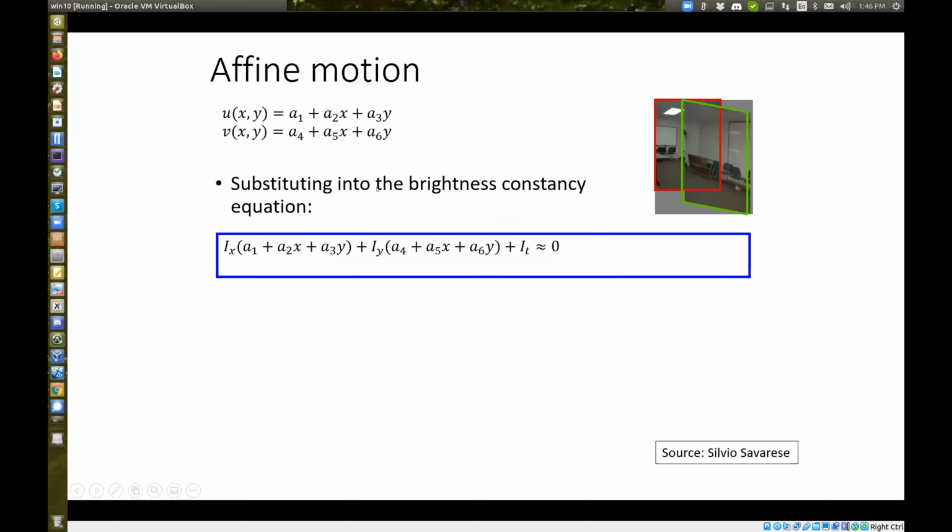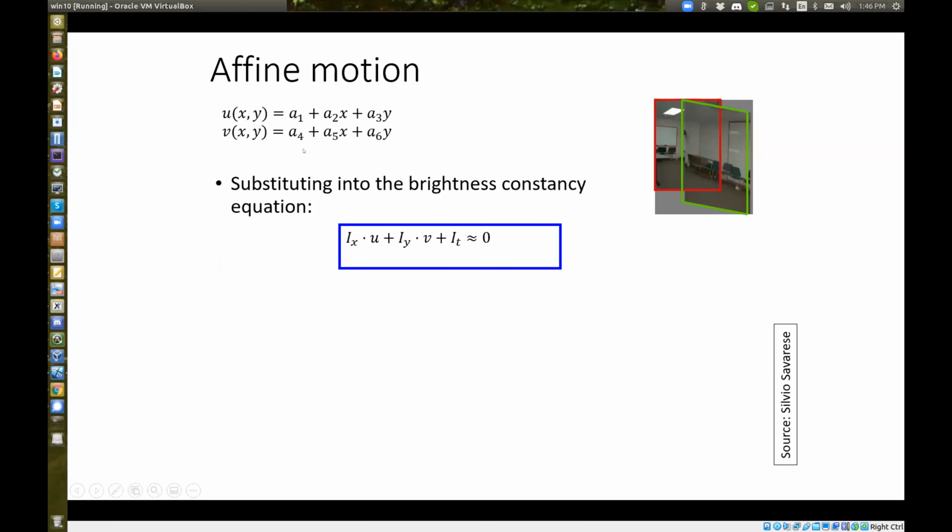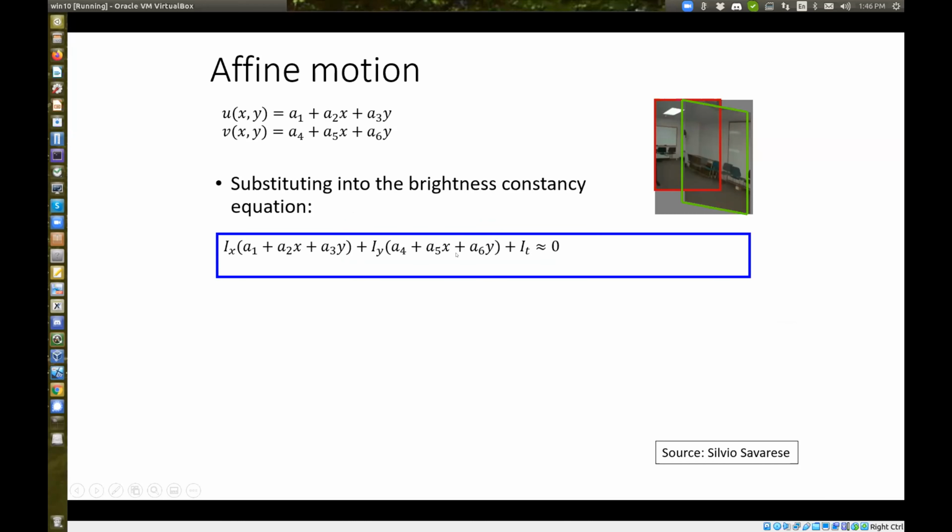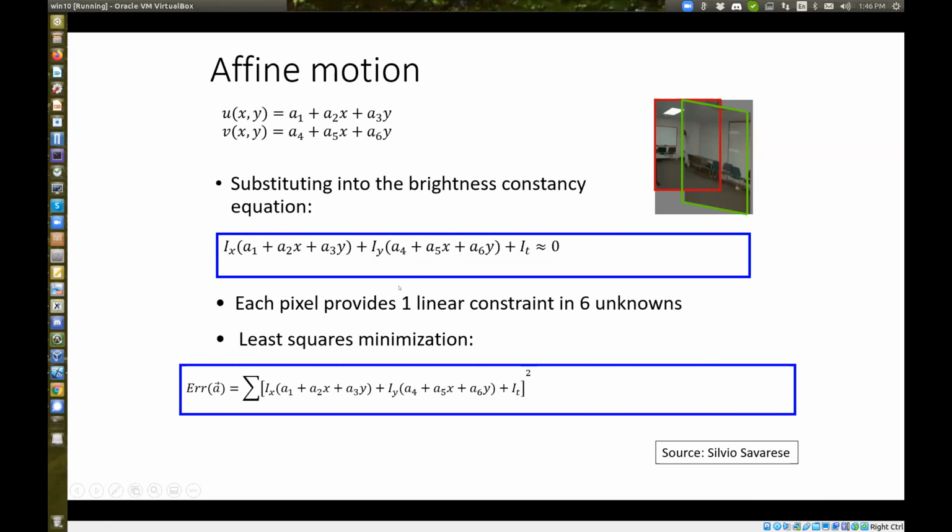If you use affine motion here, we assume that U and V take this kind of representation. Then I can replace U and V by this, and we are trying to solve for these coefficients A1, A2, and so on. Again it is a least squares problem.